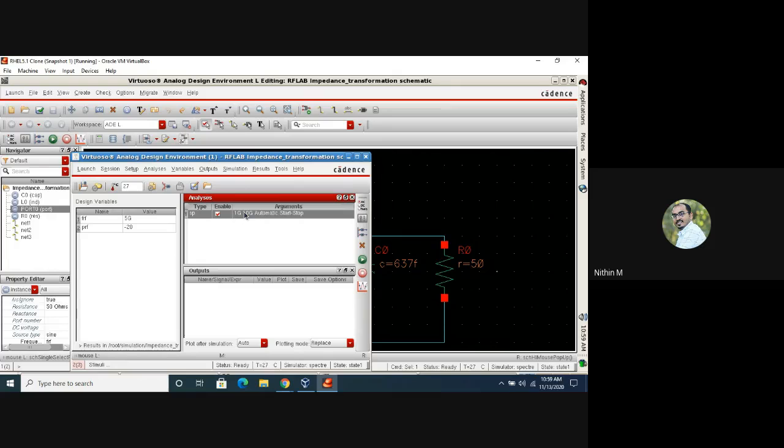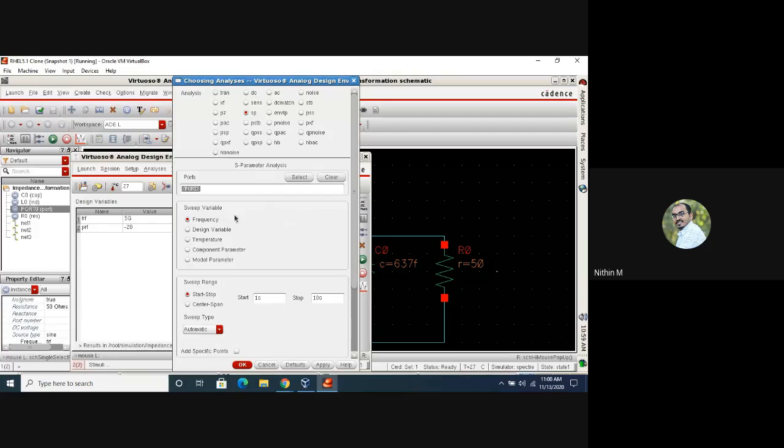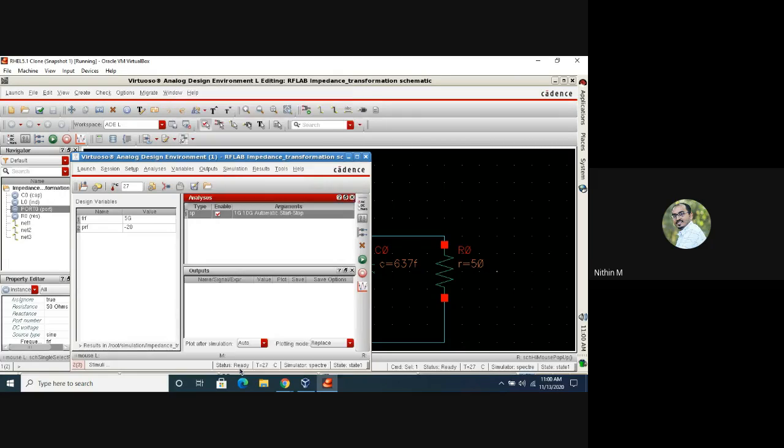To perform SP analysis, I need to select the port, keep the sweep variable as frequency, and vary from 1 giga to 10 giga, since the frequency of operation I need to look at is around 5 giga. I'll click it and show what all things can be evaluated from this SP analysis.